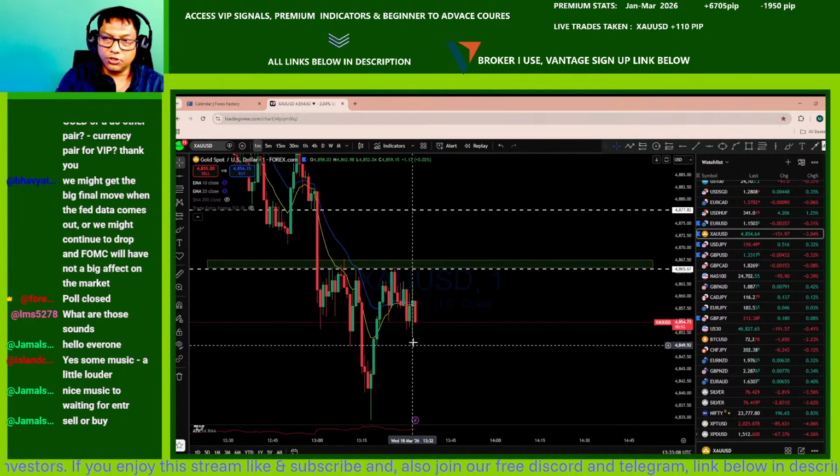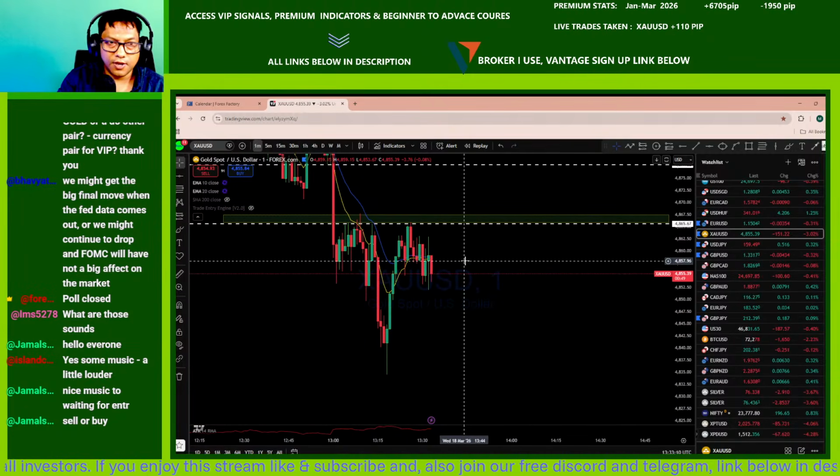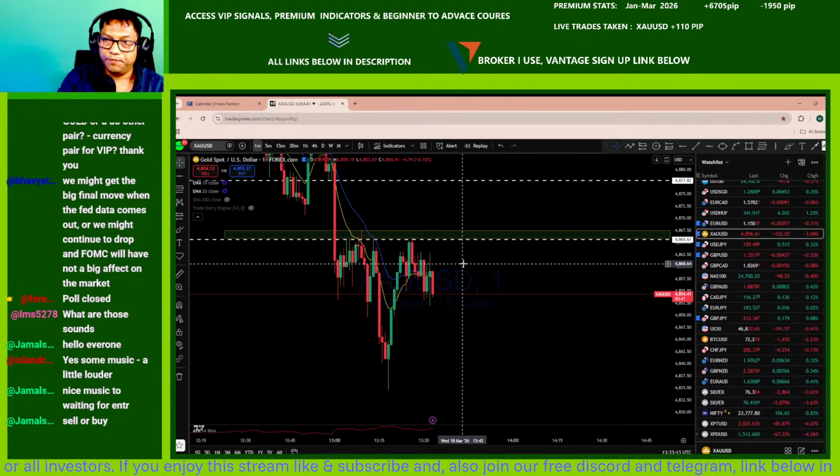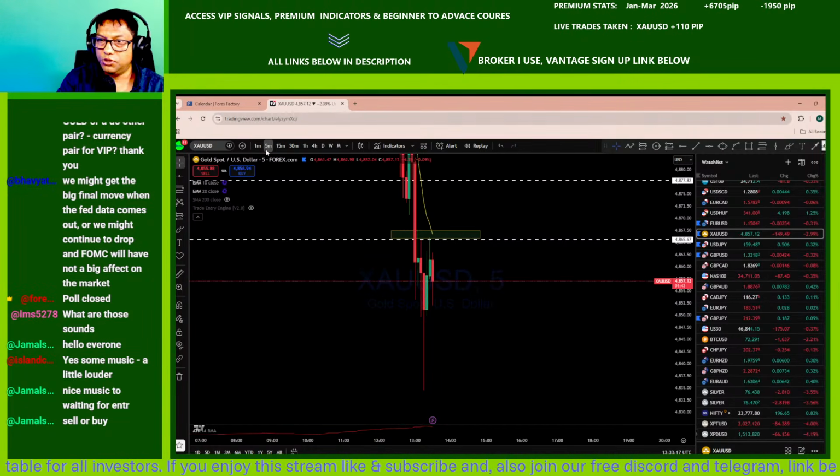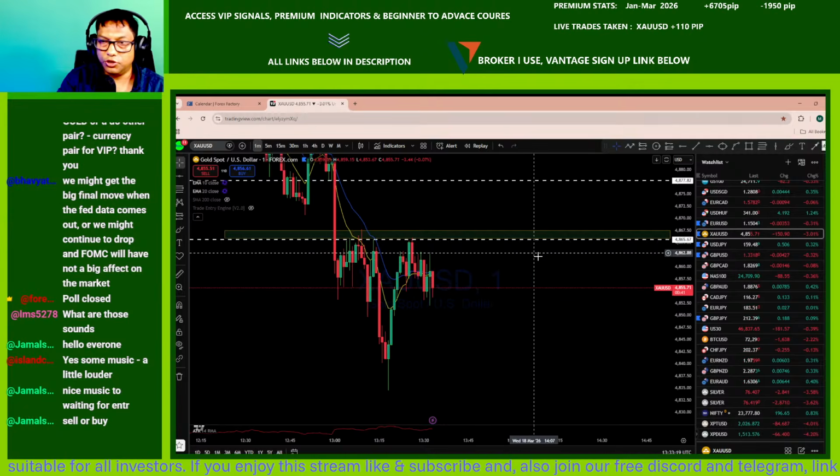Now, this consolidation could eventually end up breaking below here, and we see the candle closing, and again another move potentially coming.